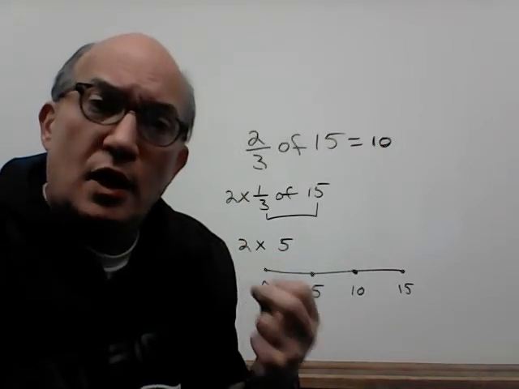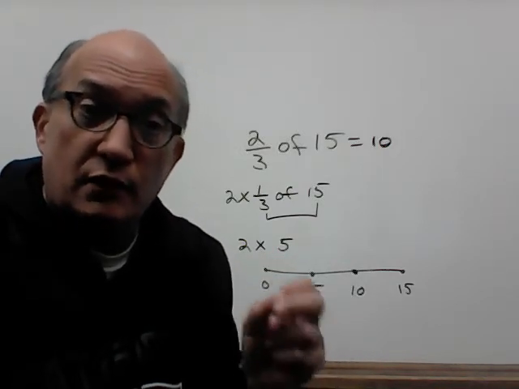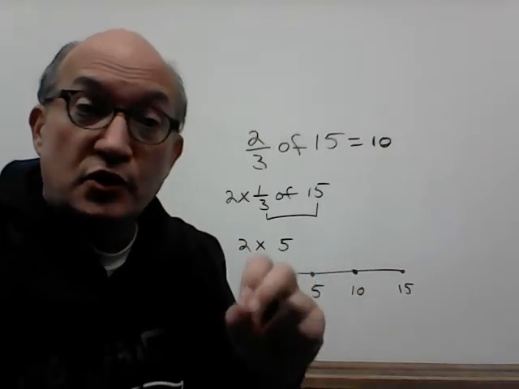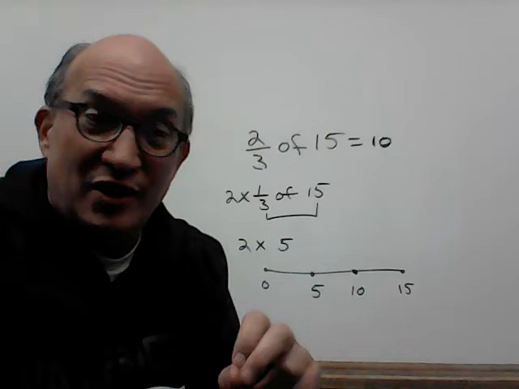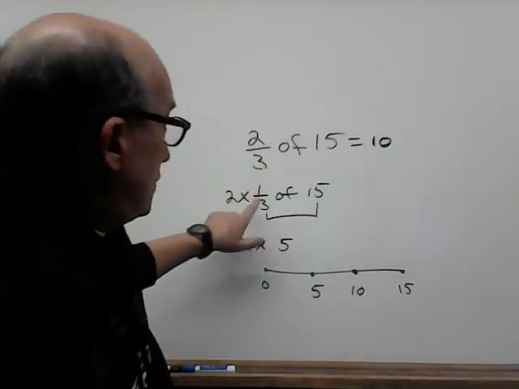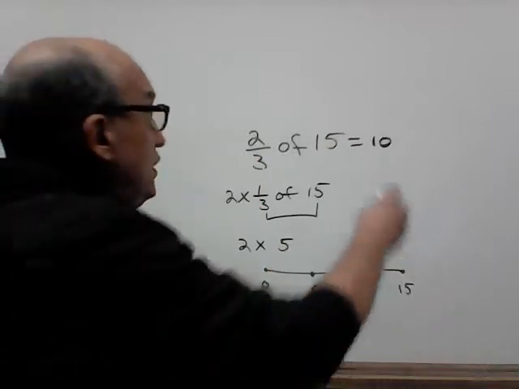The way we understood this before was we think of the 2/3 as 2 times 1/3. We associate the word of with multiplication so that 2/3 of 15 is the same as 2/3 times 15.